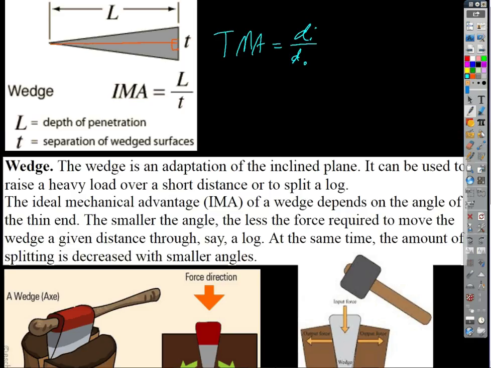So let's say that you were splitting some oak, some really hard wood. What kind of a wedge would you probably want to start with? A thin one, with a very small angle, right? Long, because you'd want the mechanical advantage to be really large. You'd want the ratio of L over T to be big, so you'd make T smaller.